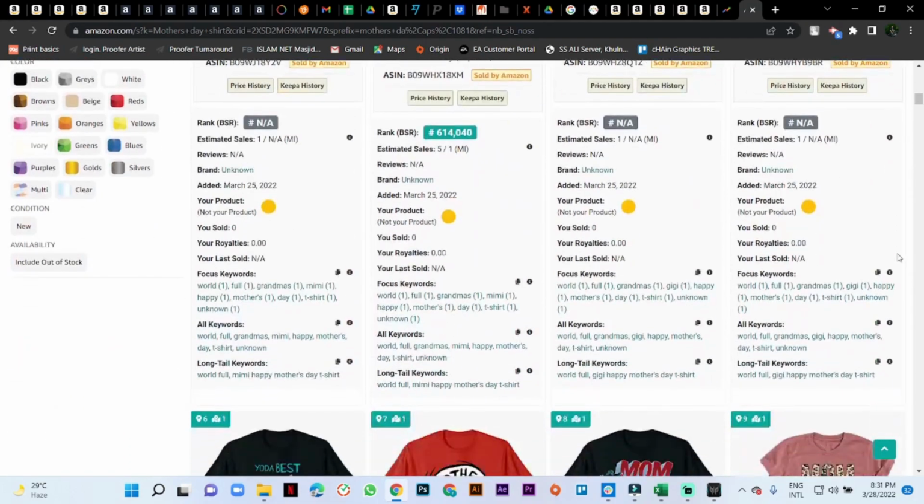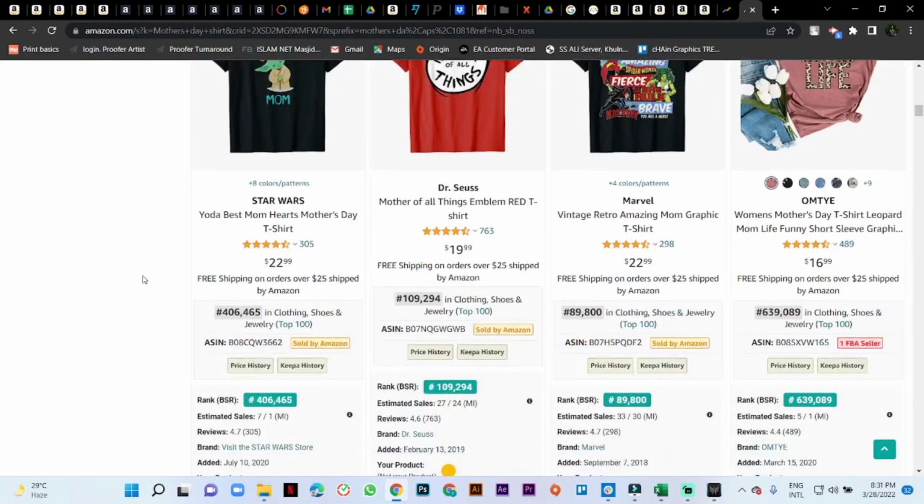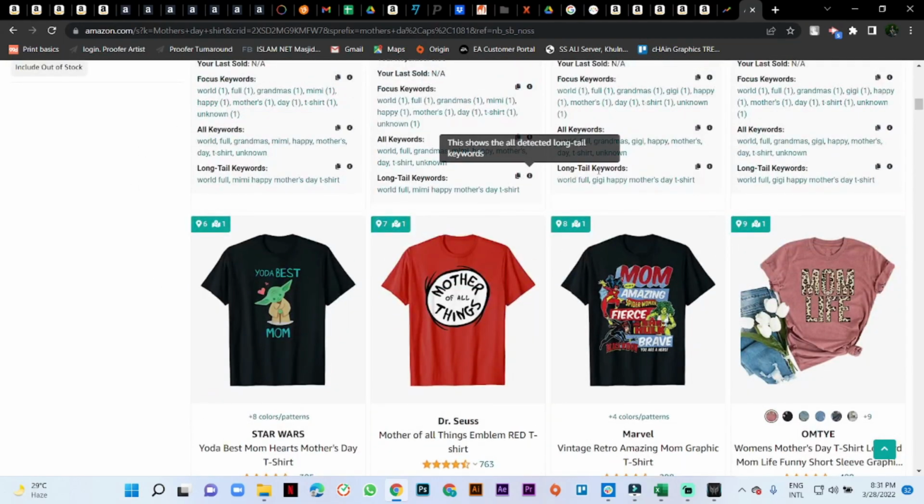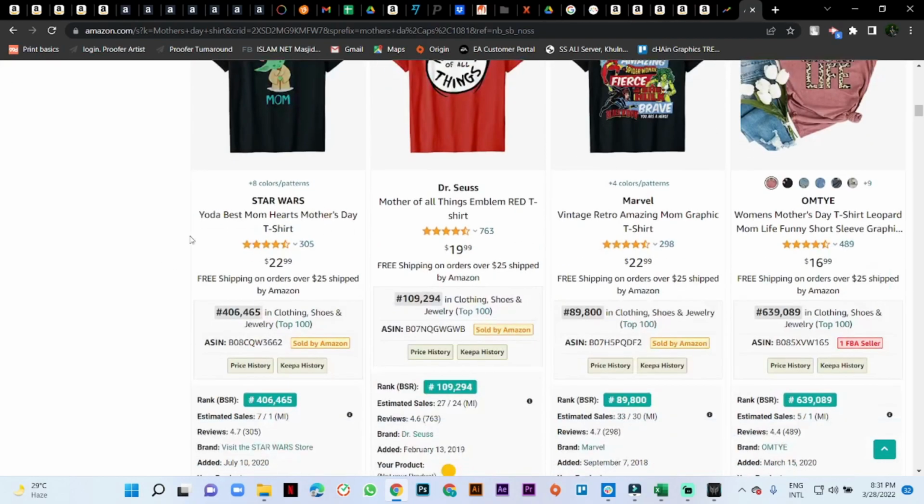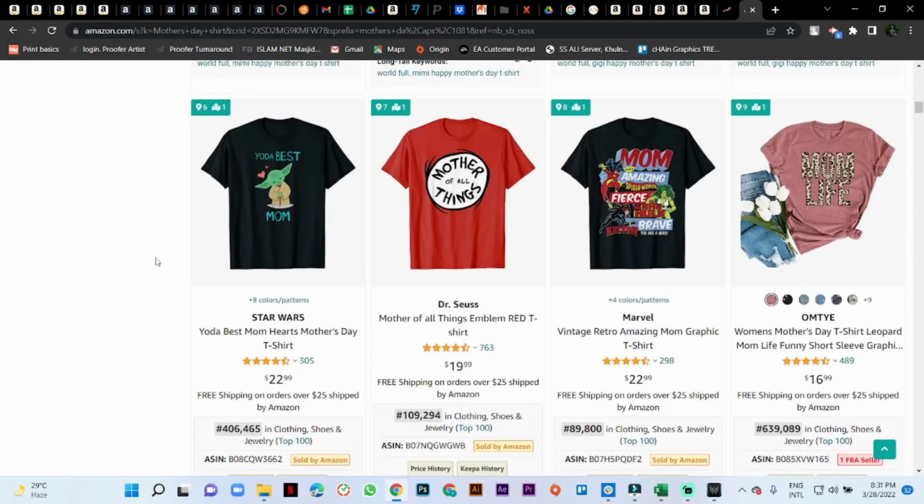So what we can do as a trick when listing our designs for Mother's Day is select the women option only and unselect the men and youth. That means whenever your design is previewed here, it will be previewed as a women's shirt, and that will attract the customers' concentration at the very beginning. So these are some tips and tricks that may help your design stand out immediately.